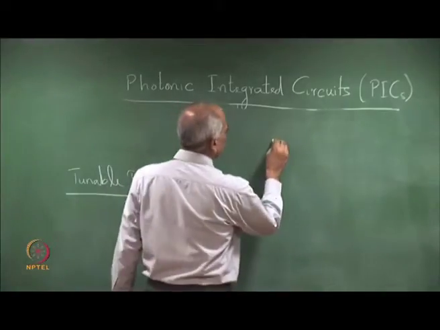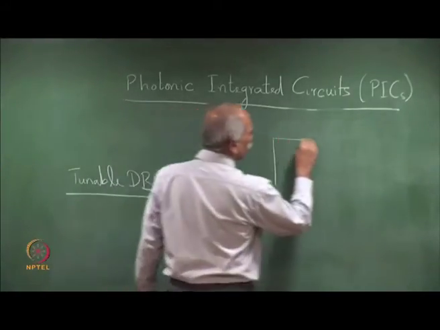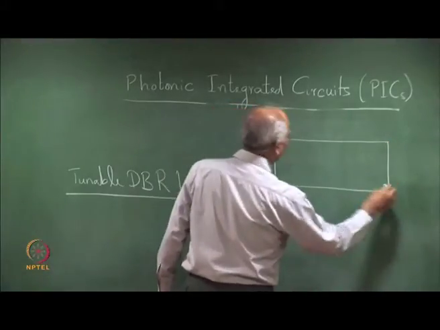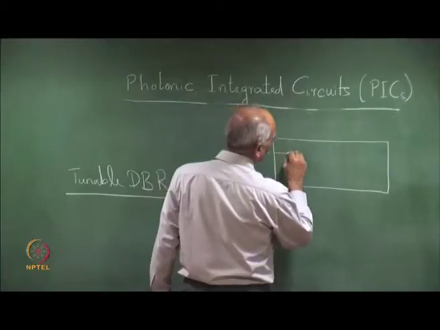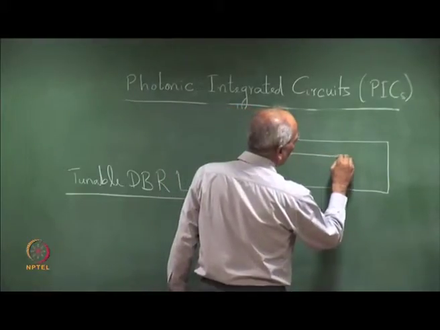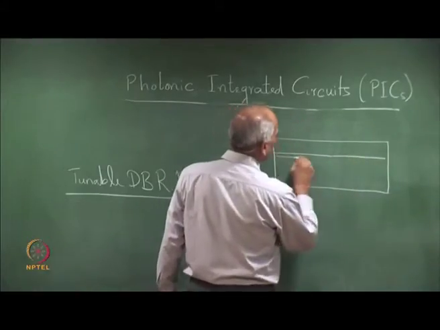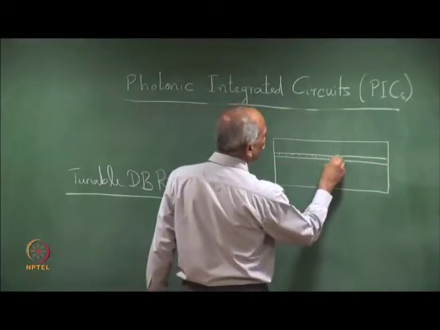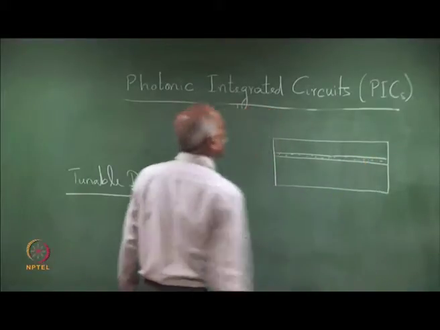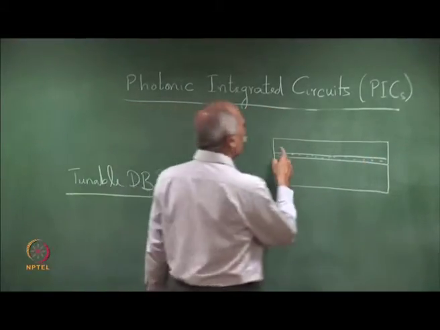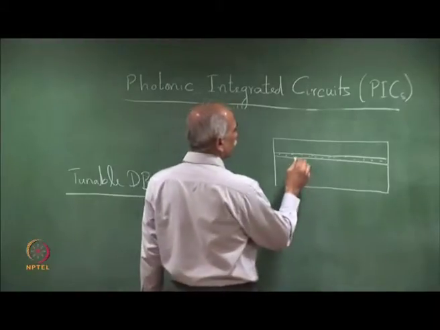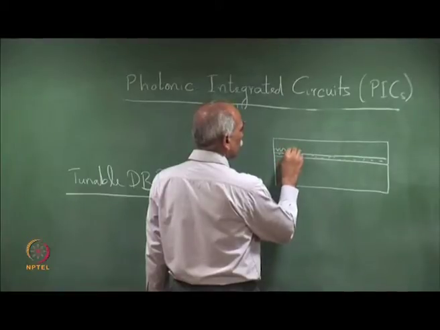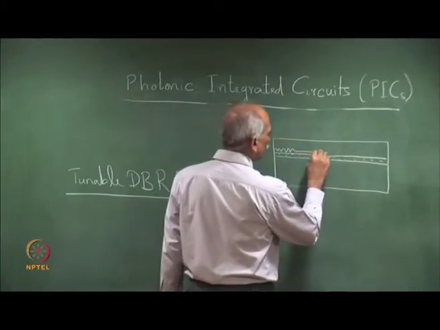Recall that the DBR laser has a double heterostructure, the lasing active region here, and this may have one or two frequency selective elements. What we had discussed earlier was with two frequency selective gratings at the two ends.